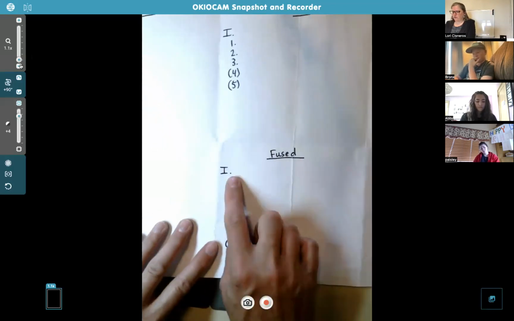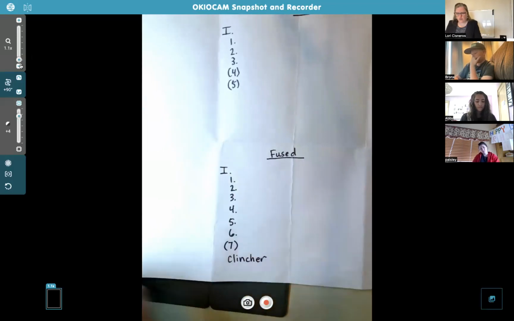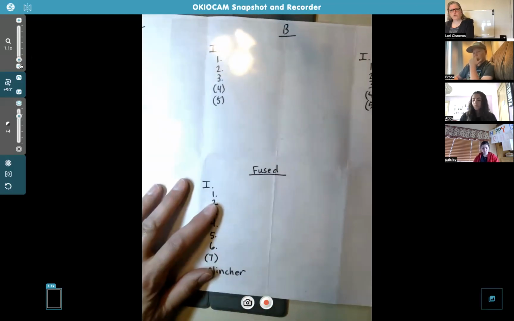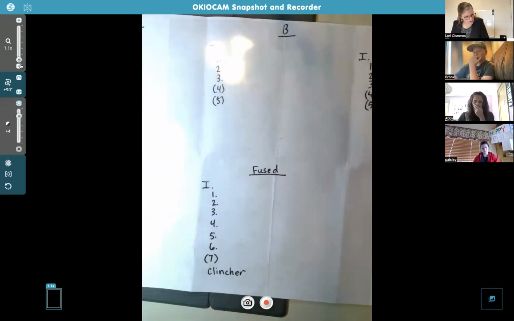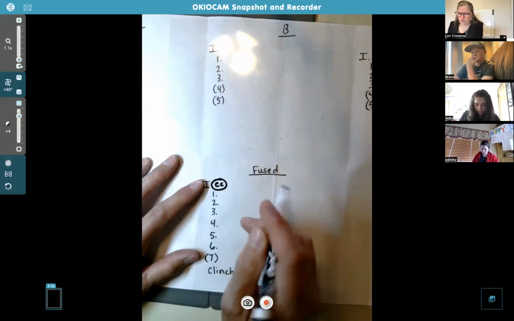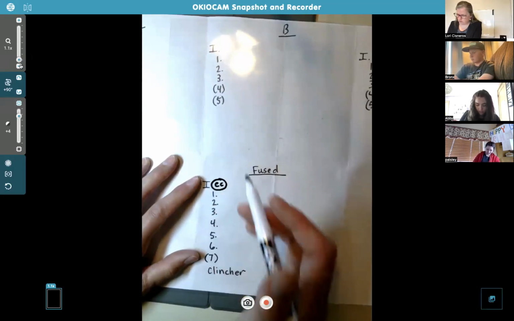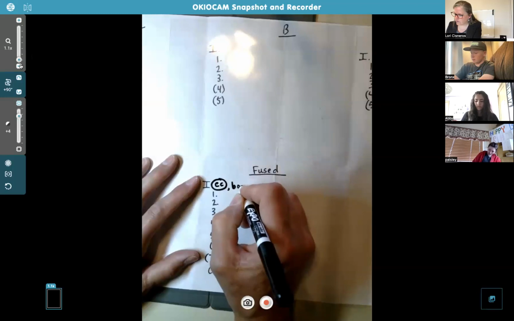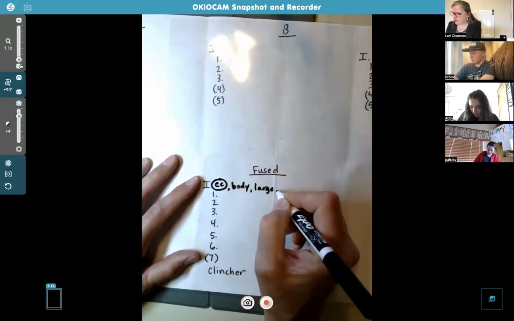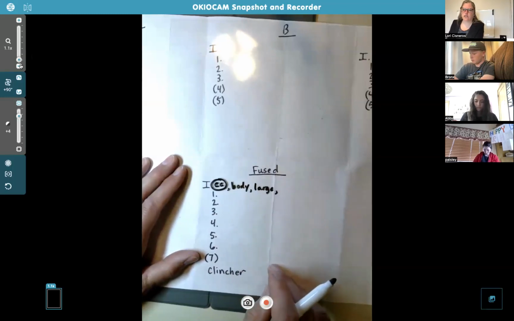Notice you're going to have Roman numeral 1 here. Everybody's going to have the same thing, right? That's talking about the body. So for Roman numeral 1, go ahead and write in for the fused outline. We decided to use CC as a symbol, so we know that's coconut crabs. And we also have body, large, and I think we had crustaceans. Is that, or crustacean? Is that what you guys have for your other word? Okay.